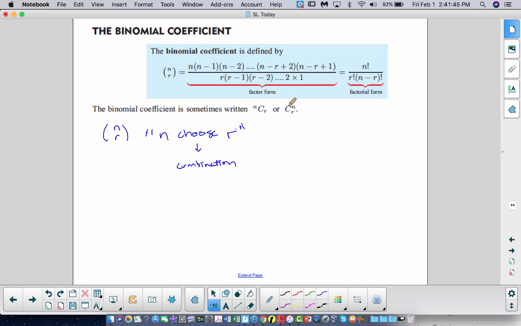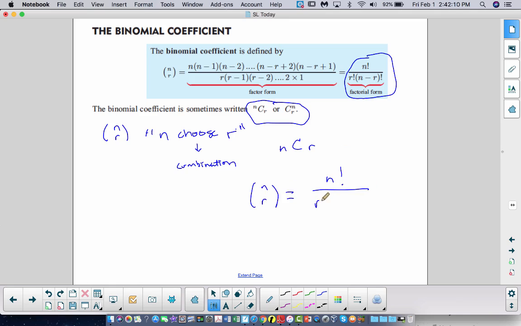In addition to writing it this way, you'll also see it written this way, n choose r. And it is equal to this by the definition of factorials. So in the end, n choose r, and this is in your formula booklet, is equal to n factorial over r factorial times n minus r factorial.